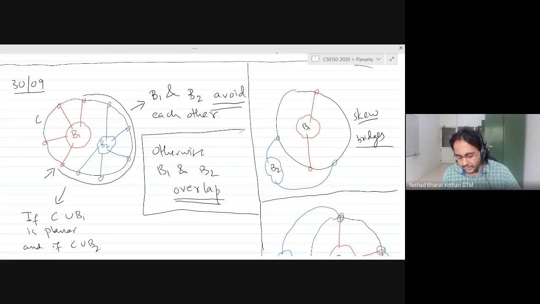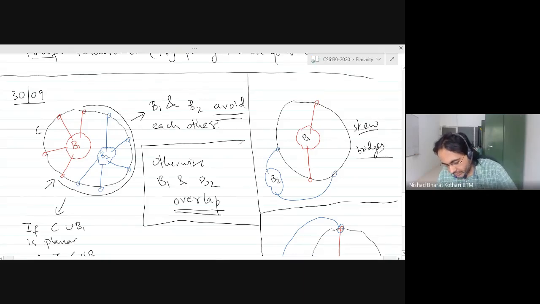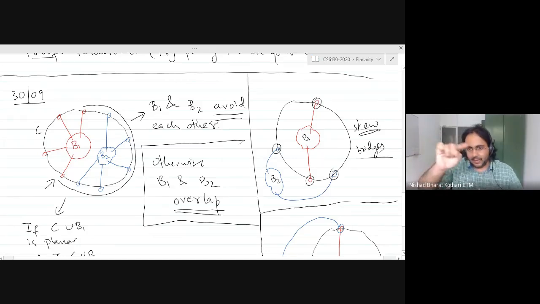Whenever two bridges overlap, you can prove that either the two bridges are skew. Skew means that you have two vertices of attachment of B1 and two of B2, and on the cycle they alternate. You'll first see a B1 attachment, then a B2 attachment, then again B1 and B2, right?